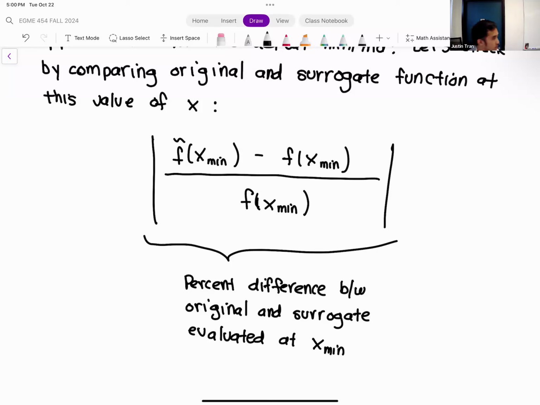Ideally, if our surrogate function is a good approximation of our original function, then these two should be pretty close to each other.